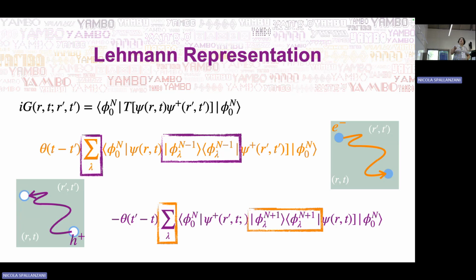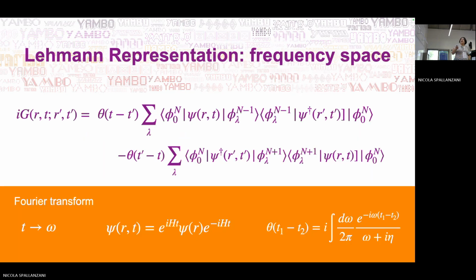So we can insert a sum over states of a system that has -1 or +1 electron. So we just picked our time-ordered Green function. We inserted this sum over these states. So this is just the same expression.